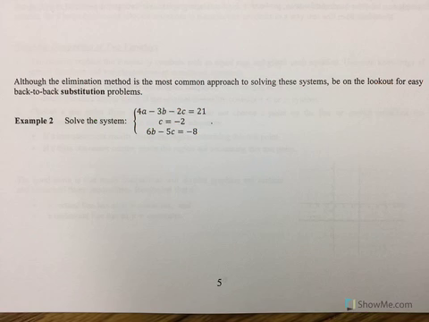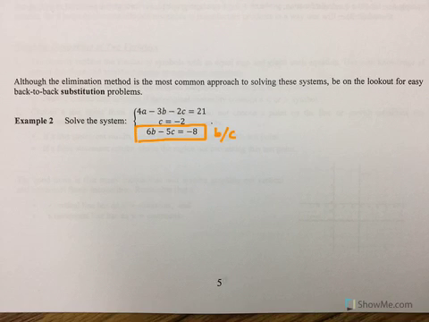We've got 4a minus 3b minus 2c equals 21. The next problem is missing a and b, and the last problem is only missing a. So one of the things that I do is I look at the fact that this equation only contains b and c.